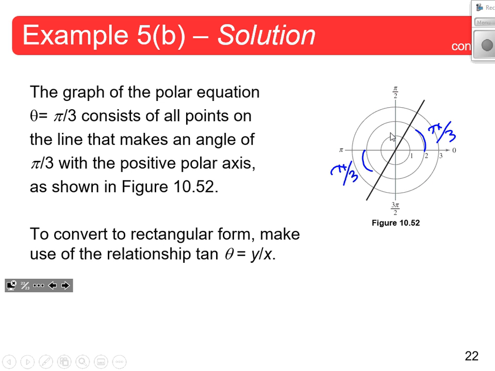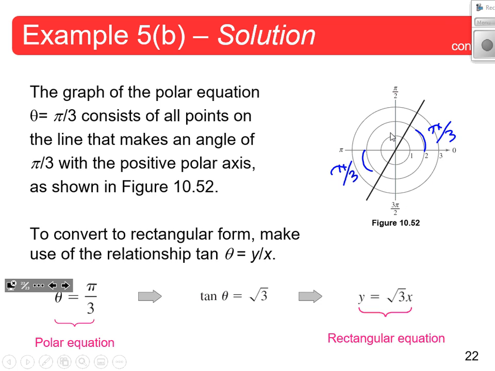To convert this, just like we did, we use tangent, and we get that y is equal to the square root of 3 x. And that would be the equation that represents this line in rectangular coordinates. Questions on this here? We're good with this here?